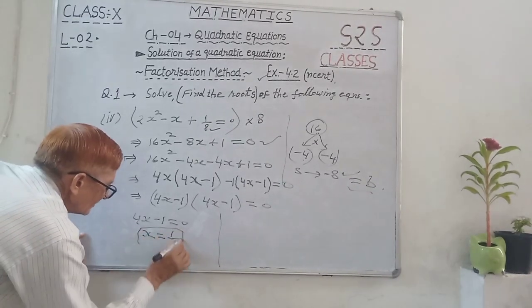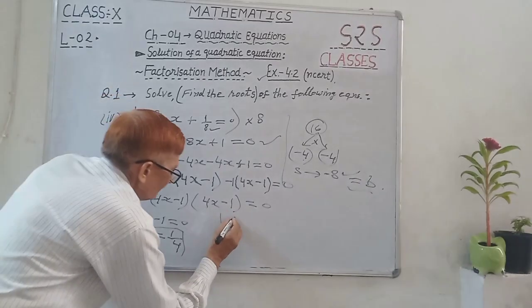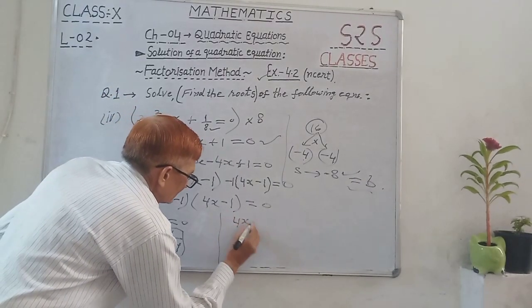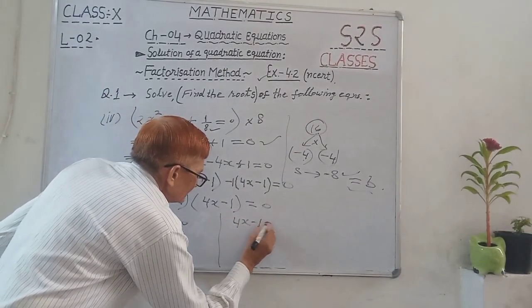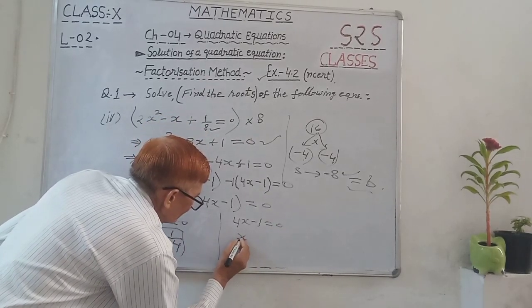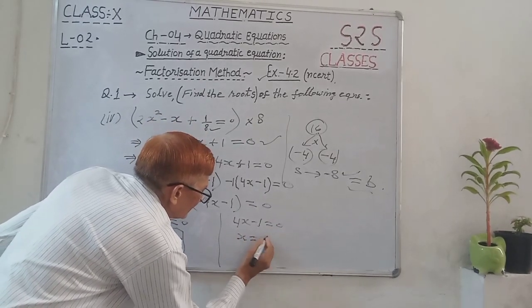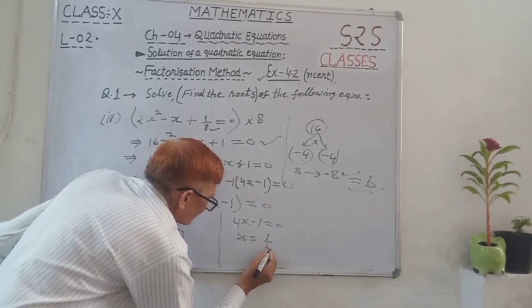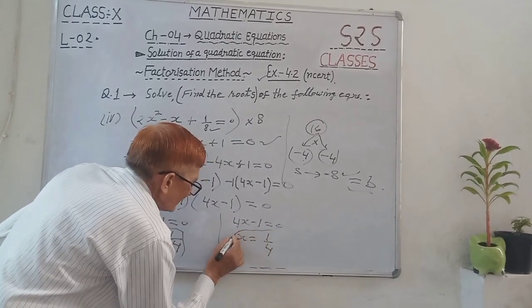Similarly for the other, 4x minus 1 is equal to 0, then x will be equal to 1 upon 4. Same thing.